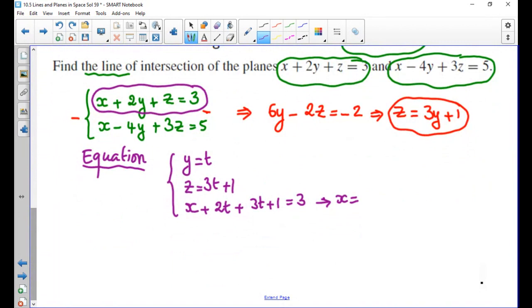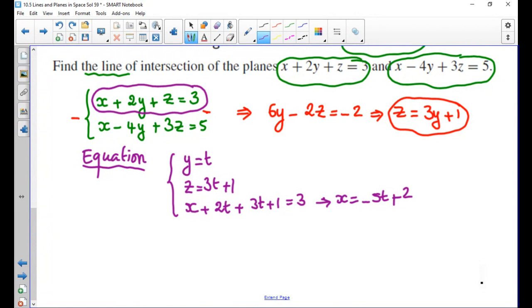So from here, I can get x nicely without any problems. So x will be negative 5t plus 2. Sorry, I need to rewrite this. So, negative 5t plus 2, and that's it. Okay, so we then find our equation of the line.